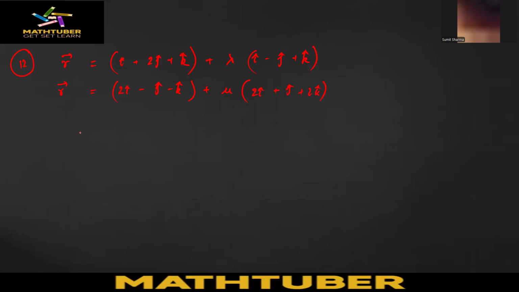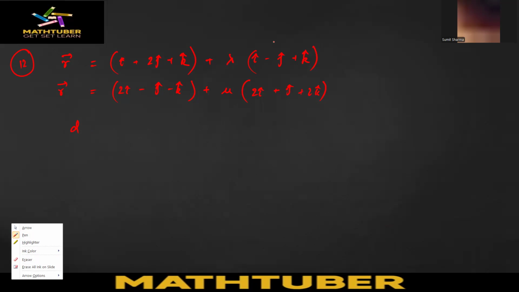So the shortest distance between these two lines is, first of all, let us write down the formula, which we obviously know: b1 cross b2 dot a2 minus a1, divided by the magnitude of b1 cross b2. First of all, we can find b1, b2, a1, a2, which we already know.